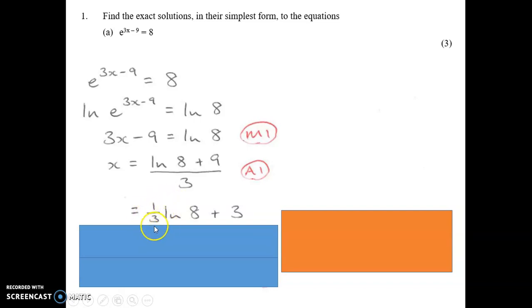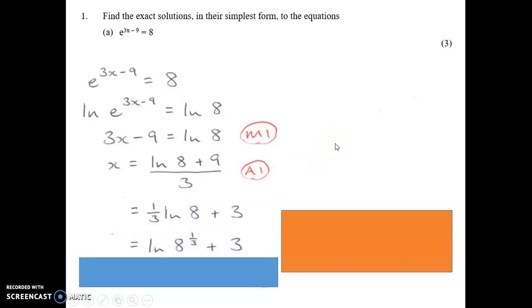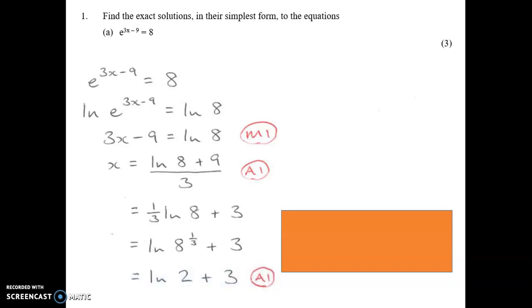We need to remember that we can take that up as a power of the 8, so we end up with ln of 8 to the power of a third, and the cube root of 8 is 2. Alright, so that is the simplest form of the answer, and that's what you needed to get that third mark. Not many students got that third mark, I don't think.